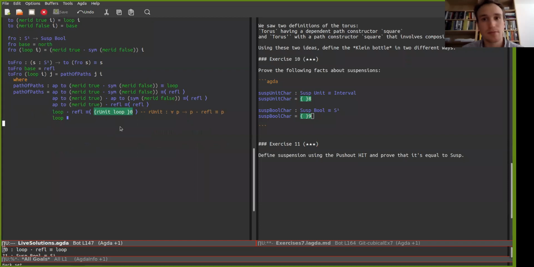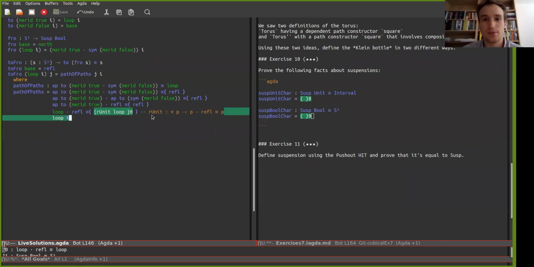Okay. Do you guys want to move on and do the other direction? Yeah, the R unit you can't prove without HComps and HFillers and all these primitives of Cubical that we're not going to talk about.